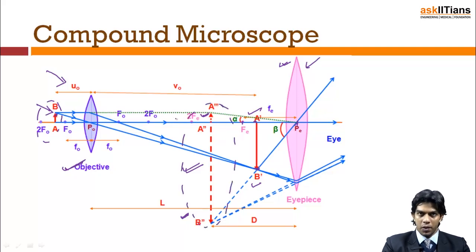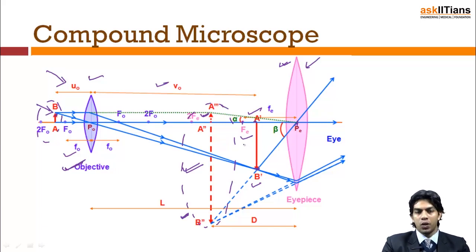The different parameters you should keep in mind are fo, fe, vo, uo. These are the object distance, the image distance, the length between the two lenses, the eyepiece and the objective lens, the final height of the image, and the height of the object.